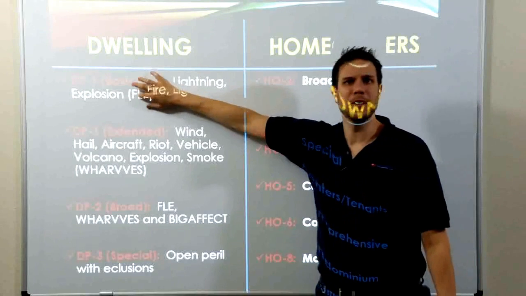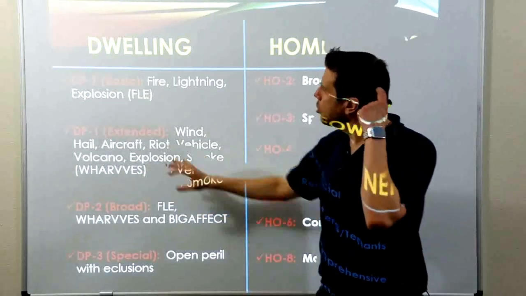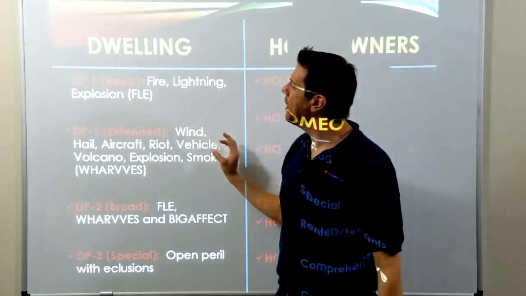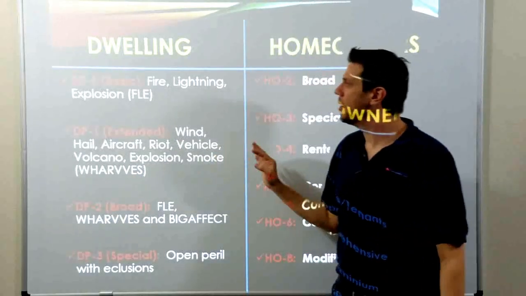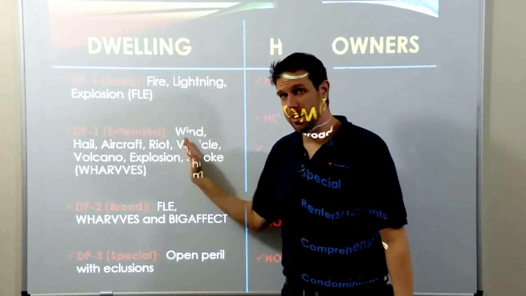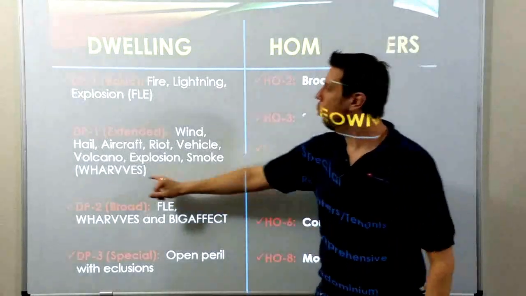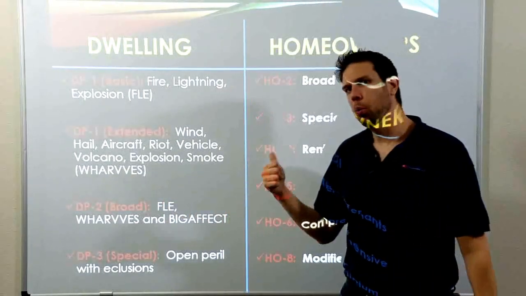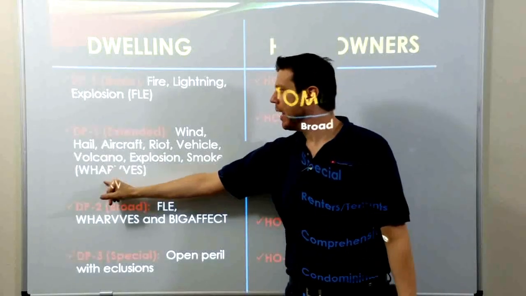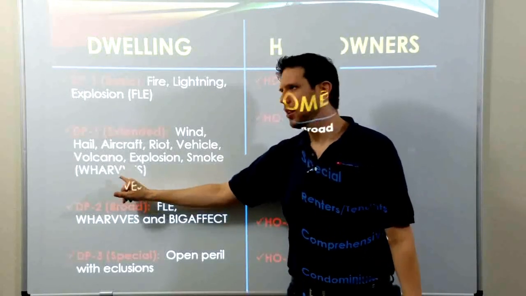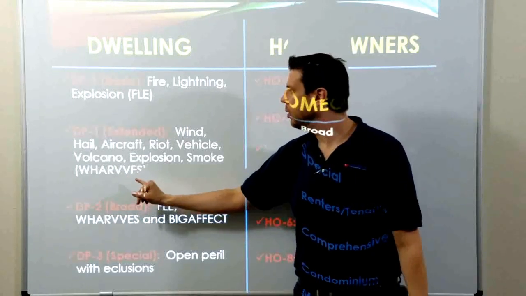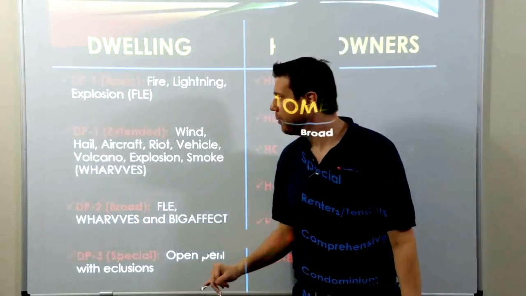It's very cheap insurance. The Dwelling Policy 1 can be endorsed up to the Dwelling Policy 1 extended perils. The extended perils are known as WARVs: wind, hail, aircraft, riot, vehicle, volcano, explosion, and smoke.